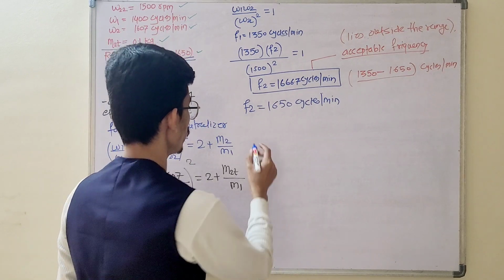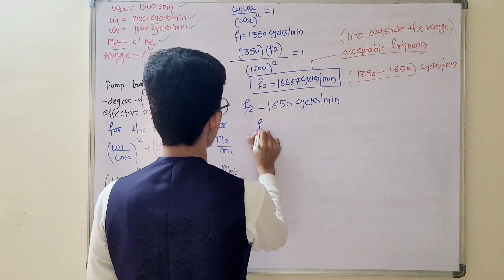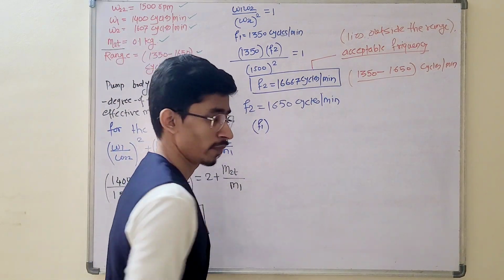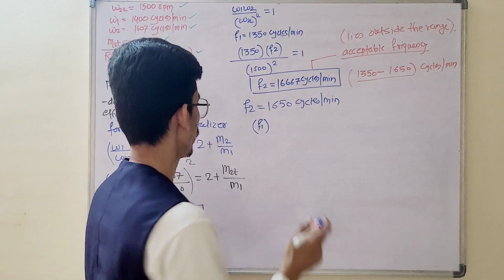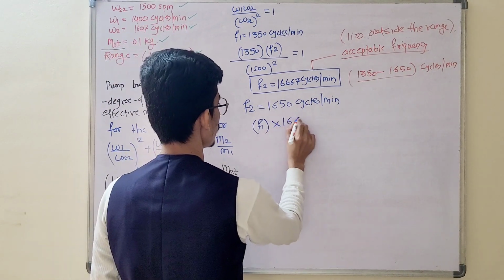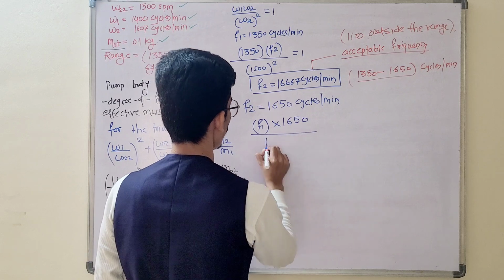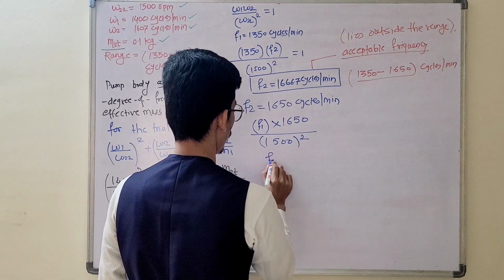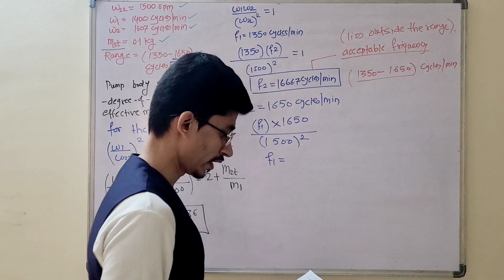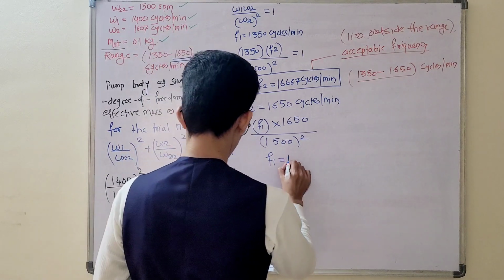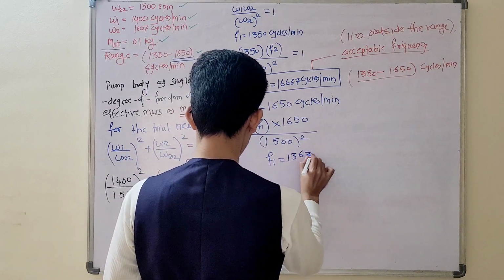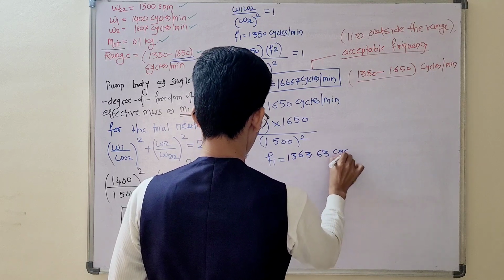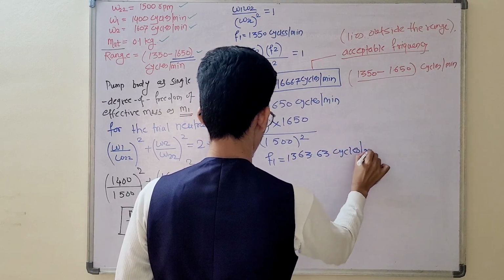My task here is to find F1. So F1 is F2 into 1650 divided by 1500, and finally you will get F1 as 1363.63 cycles per minute.